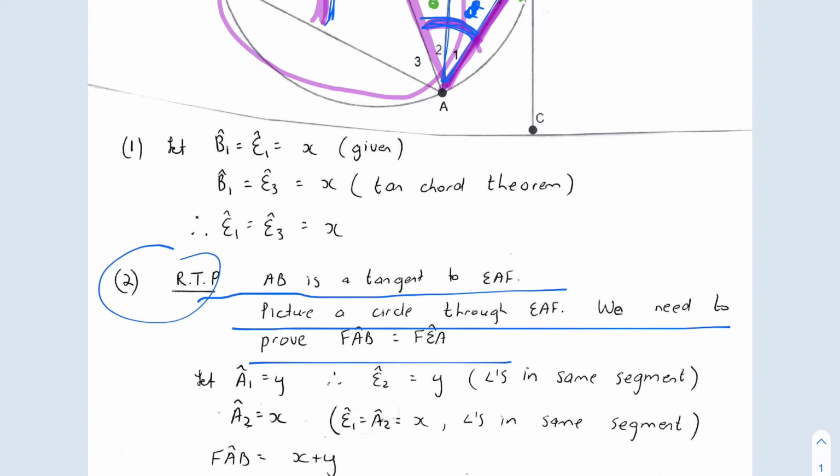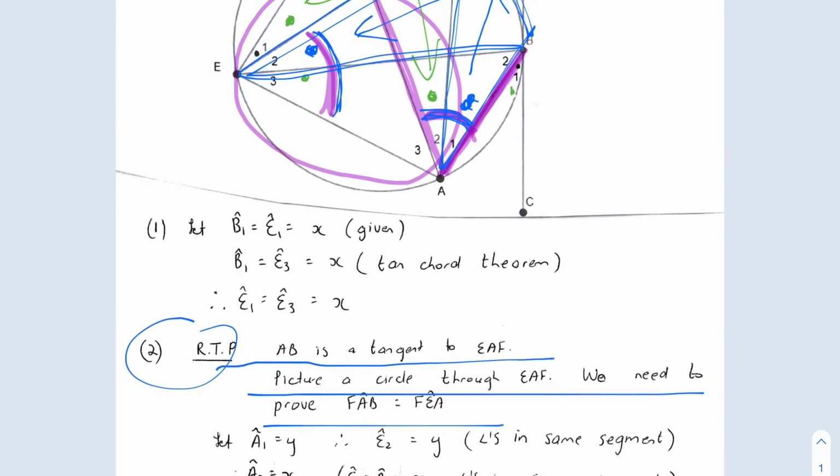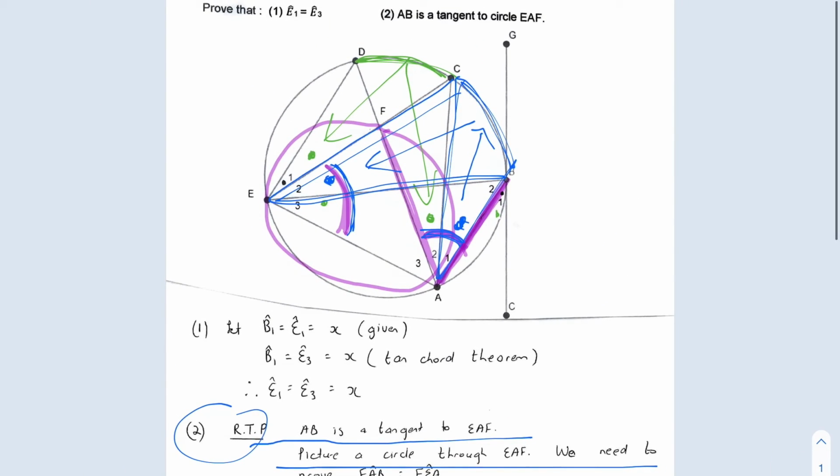Actually draw the circle. And then we need to prove that FAB is equal to FEA. And that's what we were labeling right at the very beginning. We were trying to prove that FAB, this one here, was in fact equal to FEA, this one here.